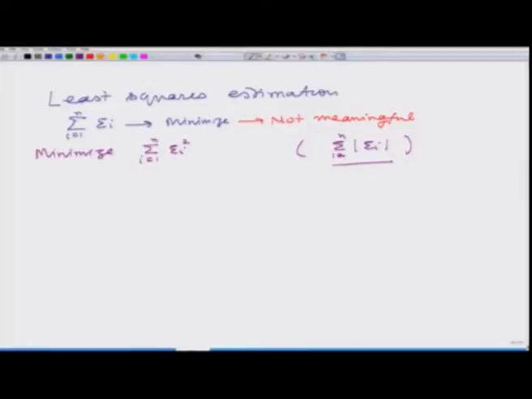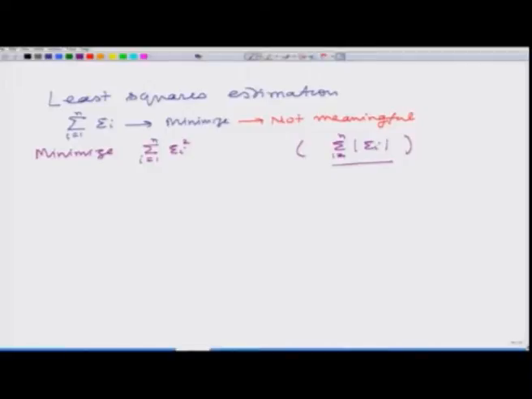And this is also available in the literature. This is called the least absolute deviation estimation technique, but in this course we are not going to talk about it. So, we will consider that we want to obtain the values of the parameters by minimizing the sum of squares of the random errors, right.